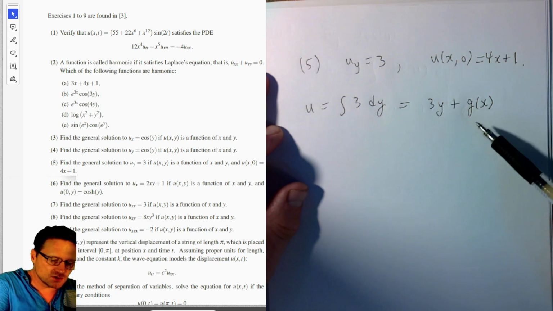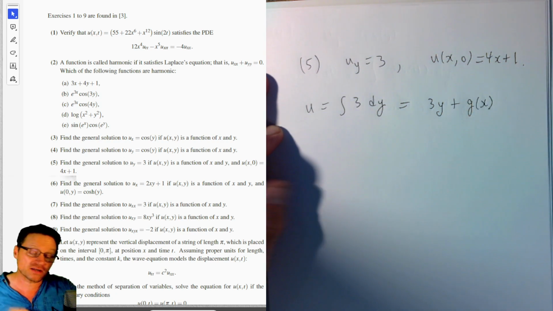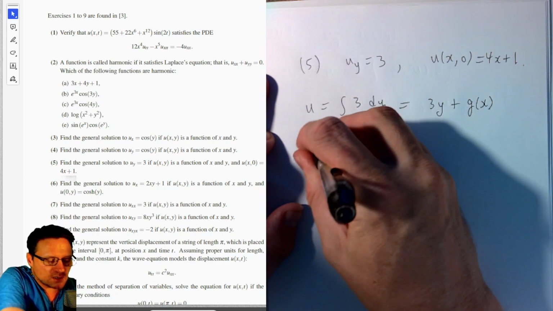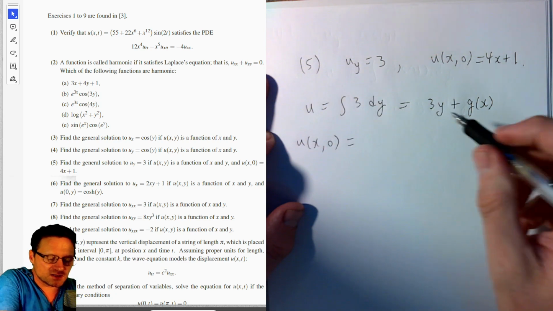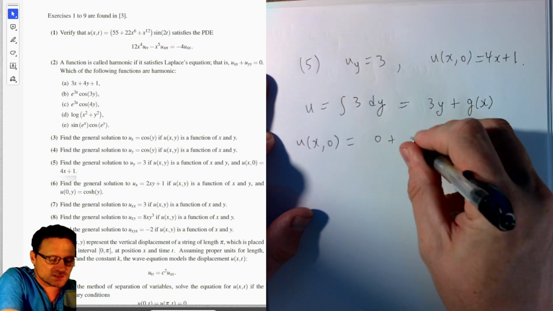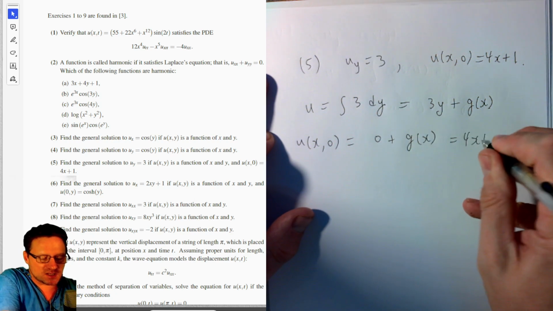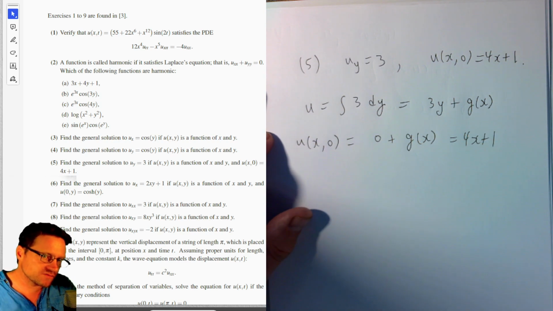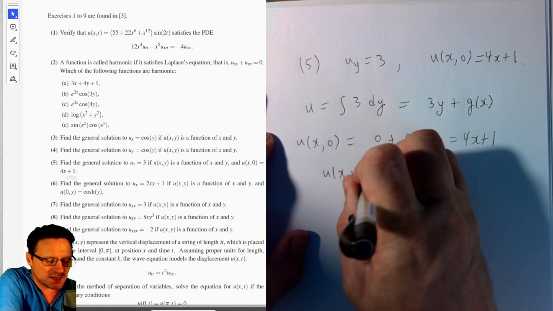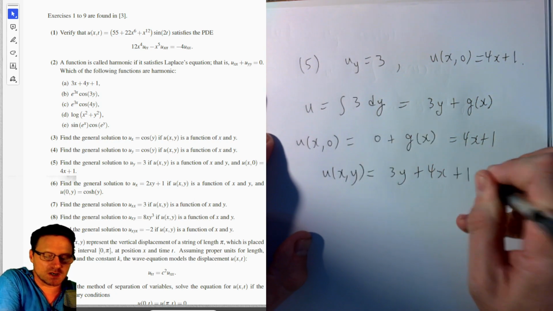And now we want to use this information here to get what function g of x is. So we have u of x comma 0 is, now putting the 0 in for the y, we have 0 plus g of x. And we're told that this is 4x plus 1. So this gives us g of x is 4x plus 1, and so u of x and y has to be equal to 3y plus 4x plus 1.